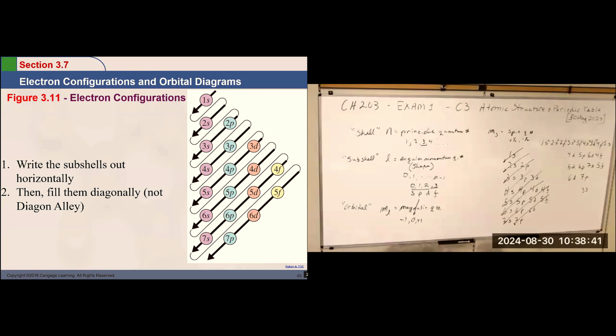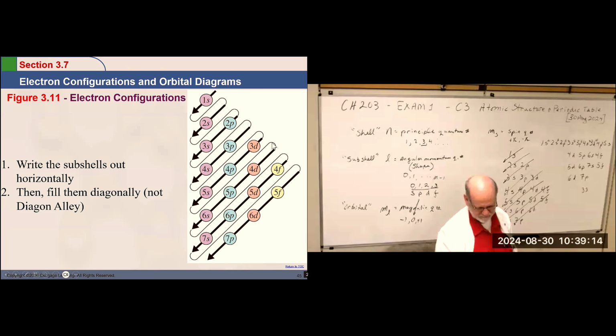Lanthanum is 5D. 6S, 5D. Then you get into the Fs. Right. I'm not going to have you do the Fs. There are some anomalies in there. Actually, there are some anomalies in the scandium through zinc level. We may talk about those. I just want you to be familiar with this.